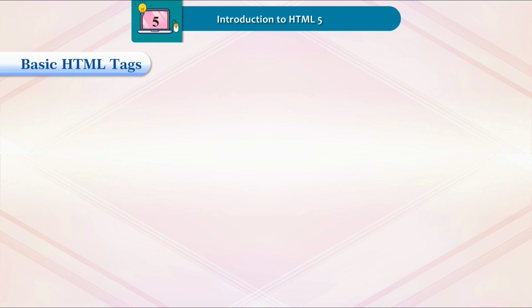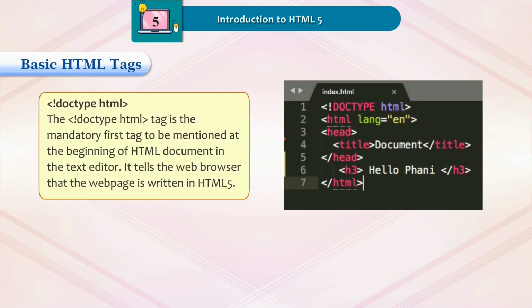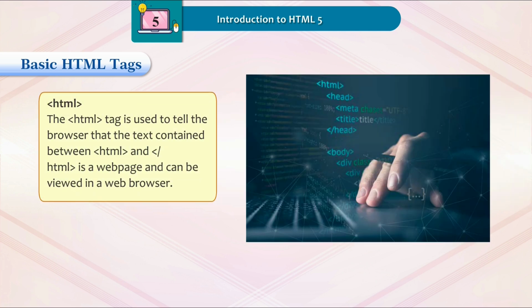Basic HTML tags. !doctype HTML. The !doctype HTML tag is the mandatory first tag to be mentioned at the beginning of an HTML document in the text editor. It tells the web browser that the web page is written in HTML5. HTML.